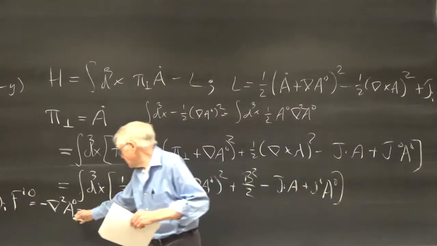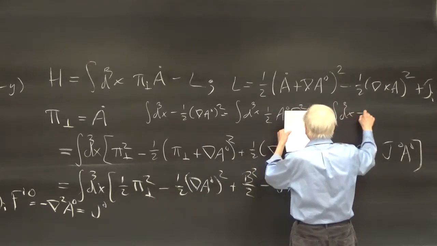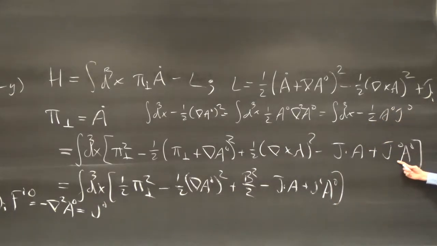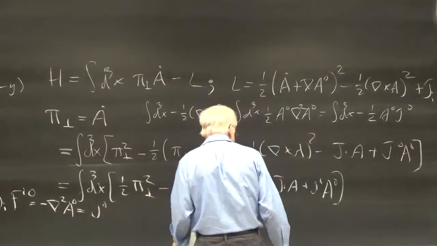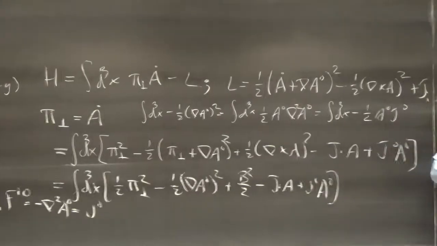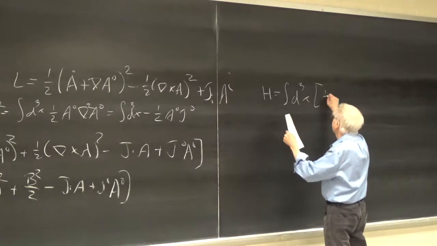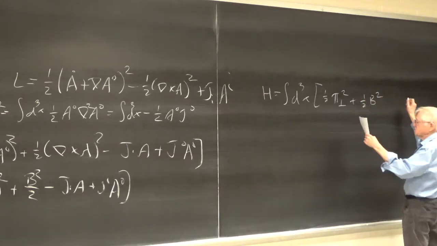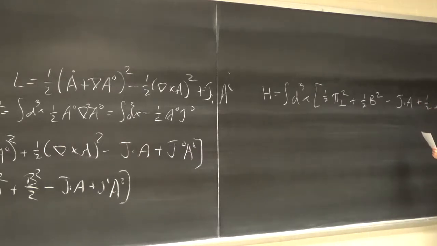On the other hand, grad squared A0 is minus J0, and so this is integral d cubed x of minus a half A0 J0. So this cancels half of this, and so what we finally get is that H is an integral d cubed x of a half pi transverse squared plus a half B squared minus J dot A plus a half J0 A0. This is the Coulomb term.